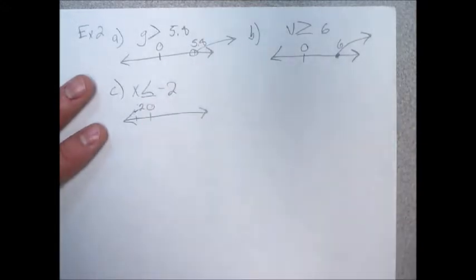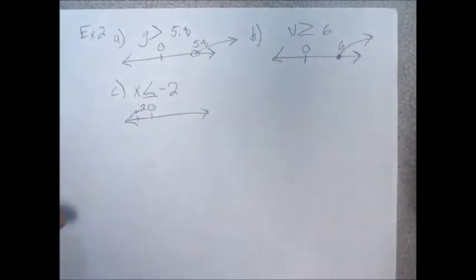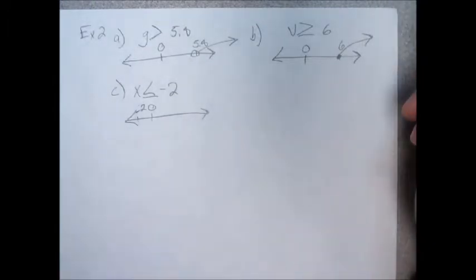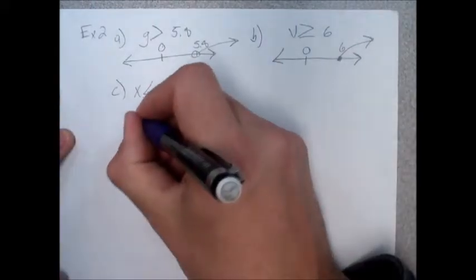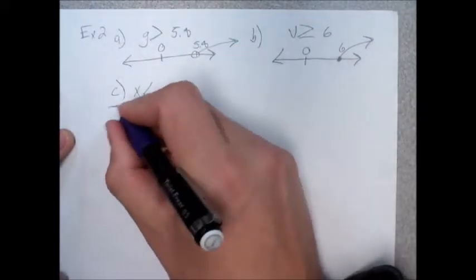Is this inclusive or exclusive? Let's start asking specific people if we don't get answers. Okay, Levi, inclusive or exclusive? It's inclusive, so I'm going to put a closed dot. Less is left, so I go to the left.